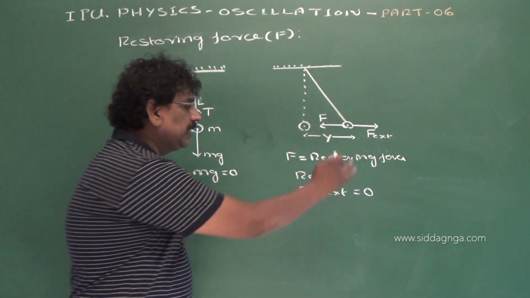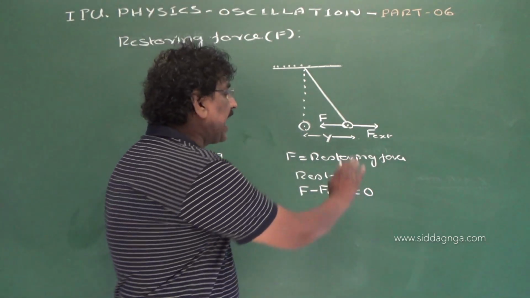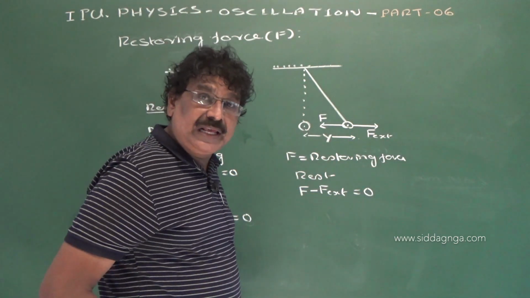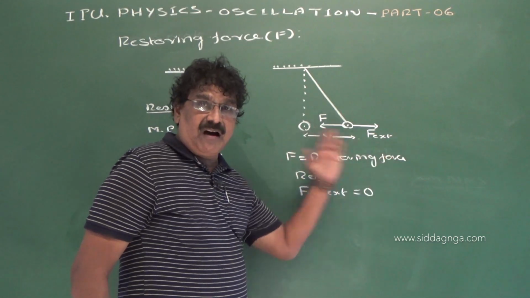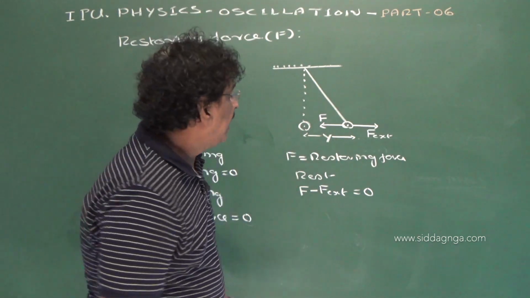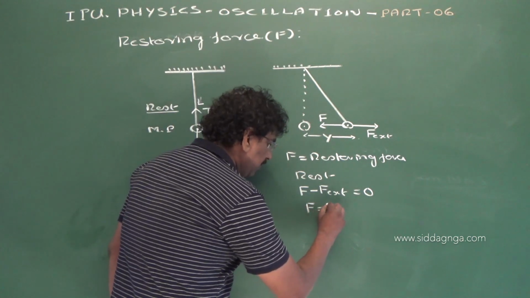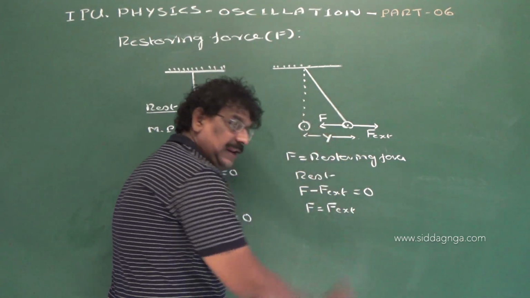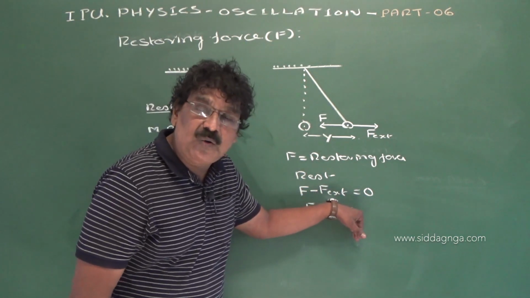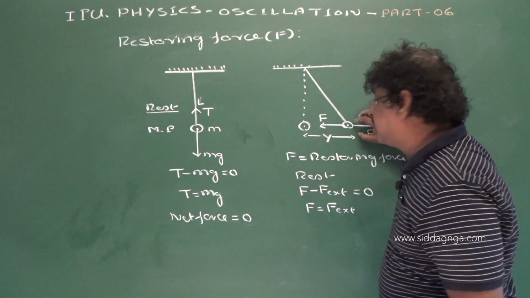So there are two forces right now in horizontal direction acting on the bob. There are other forces also, but I am taking only those forces acting in horizontal direction because it is neither moving towards left nor towards right. So F is equal to F external: the magnitude of restoring force is equal to the magnitude of the external force which displaces the body.